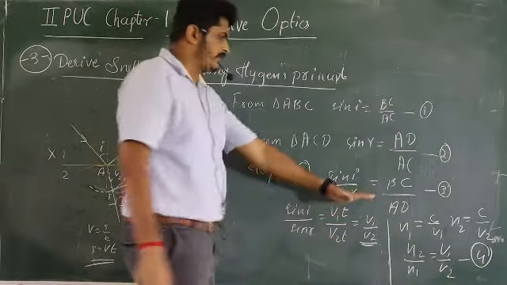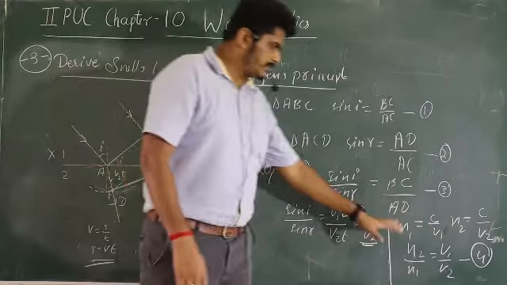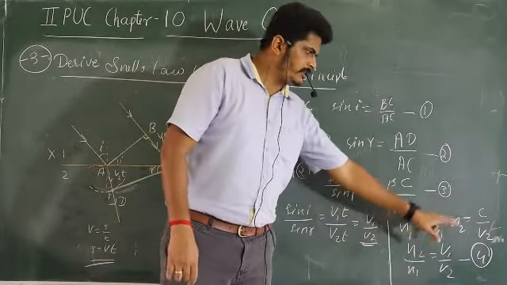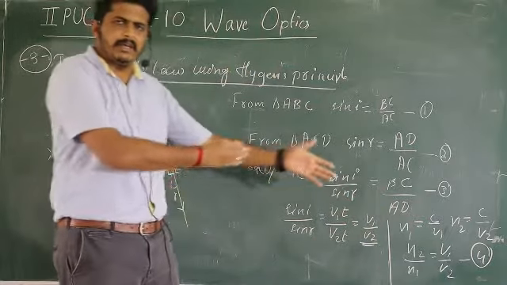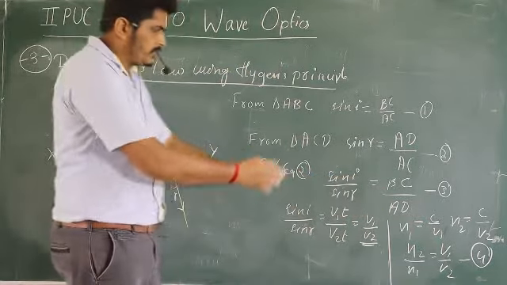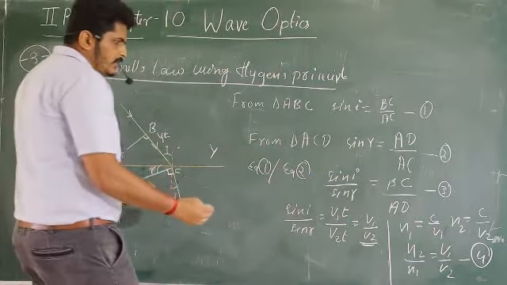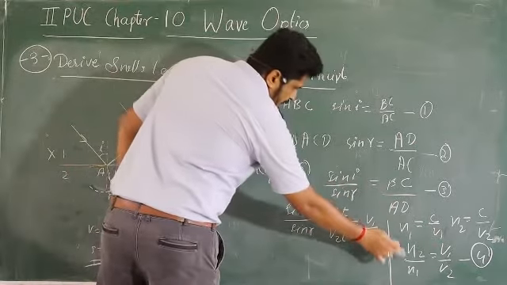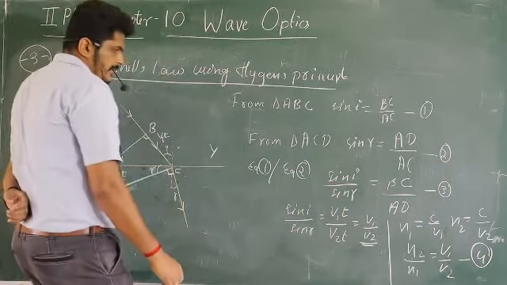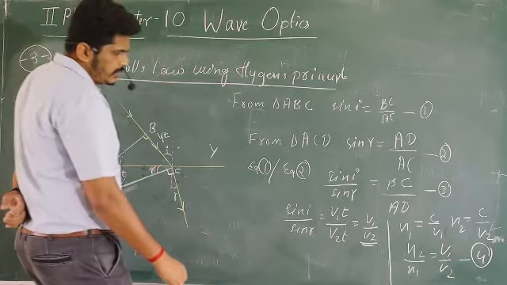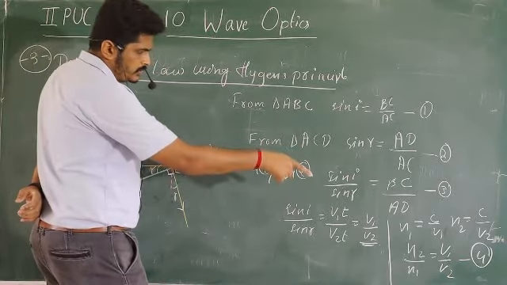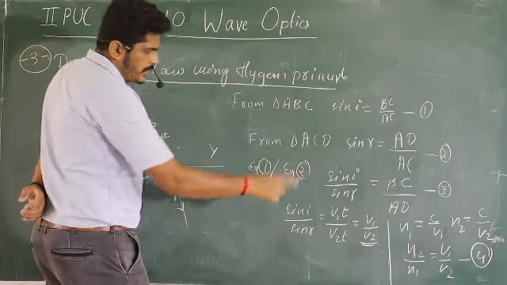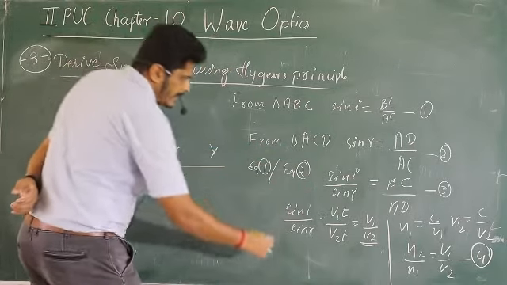Absolute refractive index is given by N1 equal to c by V1, N2 equal to c by V2. See, just the ray optics concept I am writing here, nothing else, okay? So V1 by V2 we know is N2 by N1, correct? So N2 by N1 ratio.